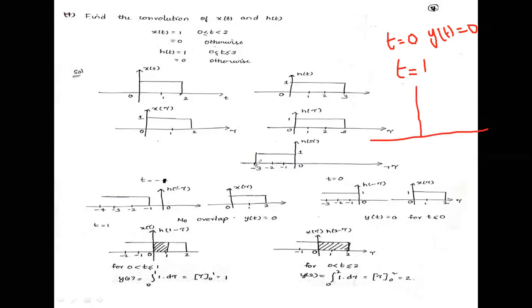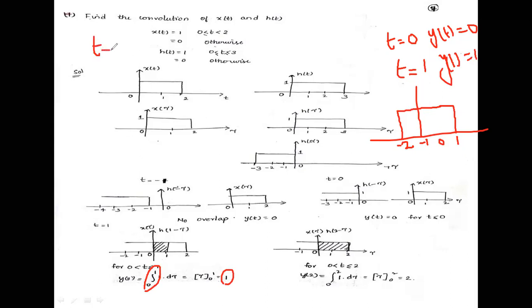Shifting of one sample means it starts from minus 2 and goes up to minus 2, minus 1, 0, and 1. See here 0 to 2, and here minus 2 to 1, where it is overlapping 0 to 1 only. The limitation is 0 to 1, and here the value is 1. So y of 1 is equal to 1.